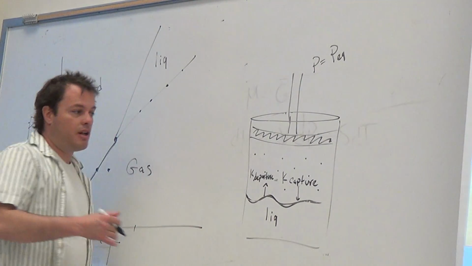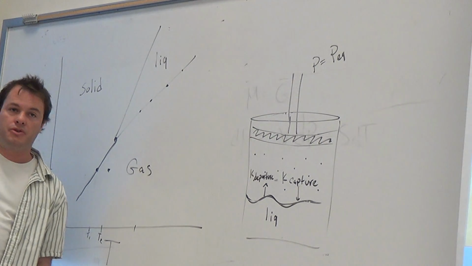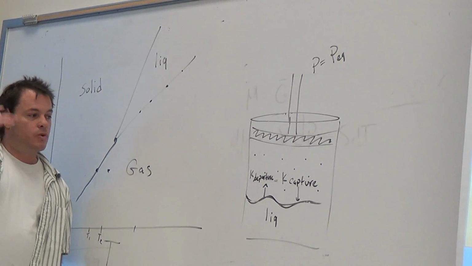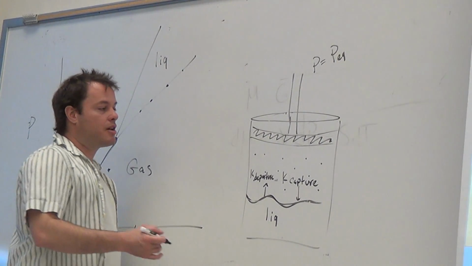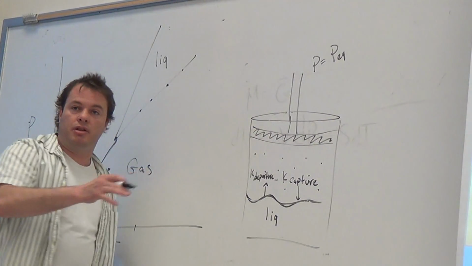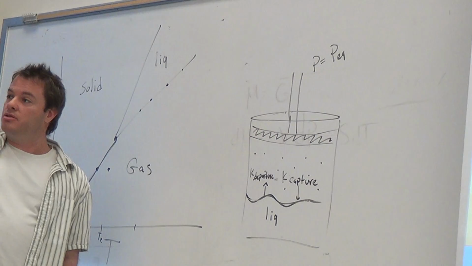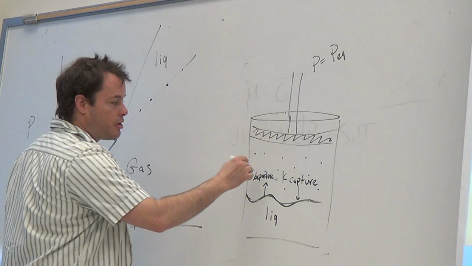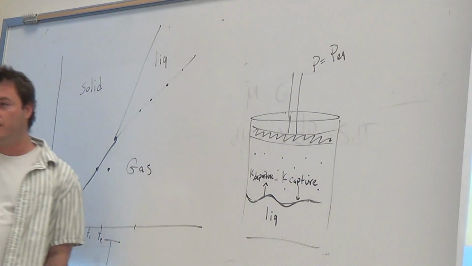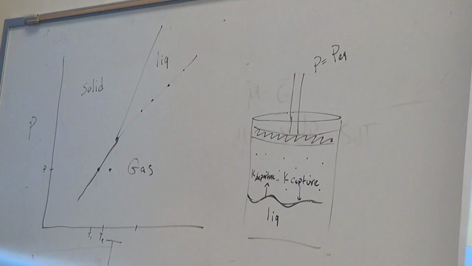If it's just allowed to do that, eventually all of the liquid will disappear. But if that gas is captured and pressure is allowed to build long enough, the pressure can build to a point at which the rate of collisions and capture ends up being equal to the rate of departure, and then you have a dynamic equilibrium established.